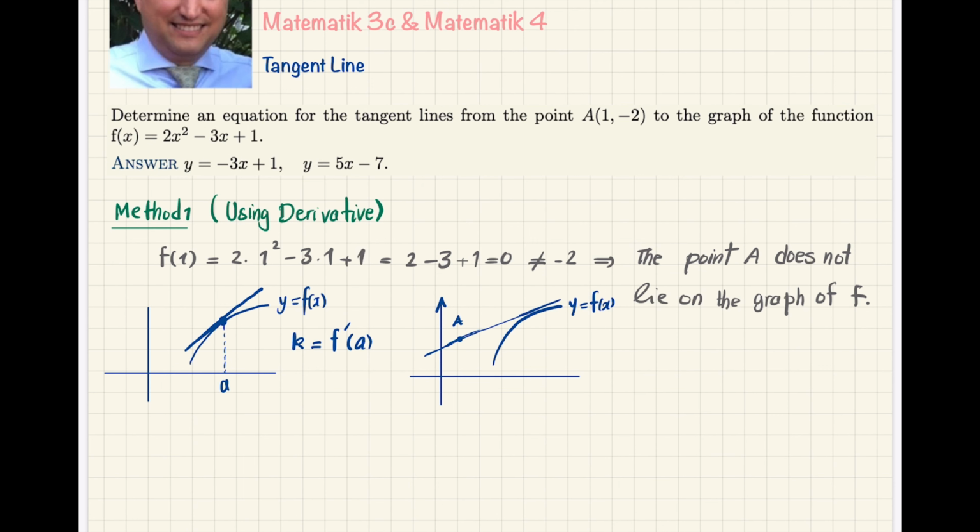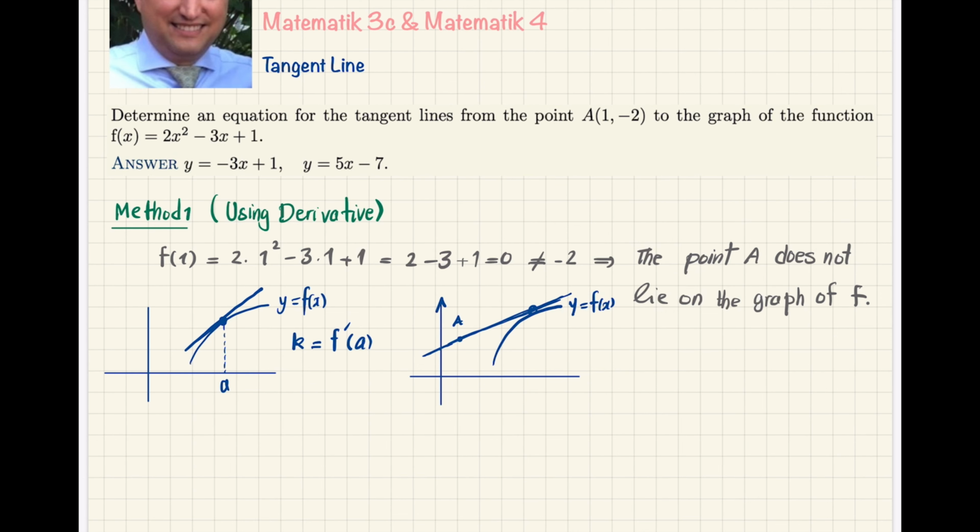And of course, it would be tangent to my graph at some other point, okay? And then you see that the coordinates of this point outside the curve are given. So I cannot take the derivative of my function and replace the x value with 1 to get the slope of the tangent line, because I need to know the x coordinate of the point of tangency.